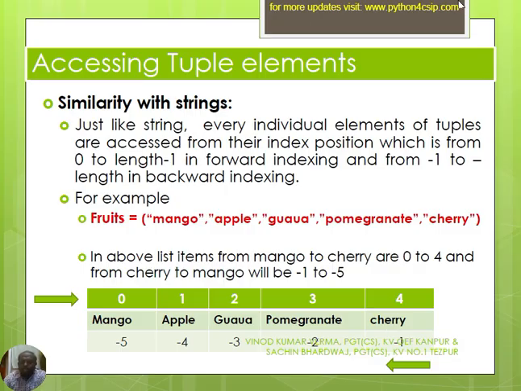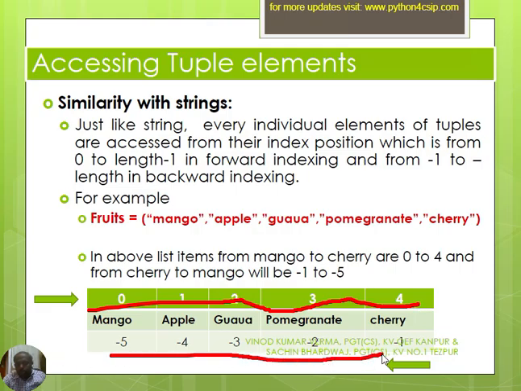So from last to first is the back end, and from first to last is the front end. This is the way you can access tuple elements. This point is very important. So negative 40, the difference, is counted from the last.